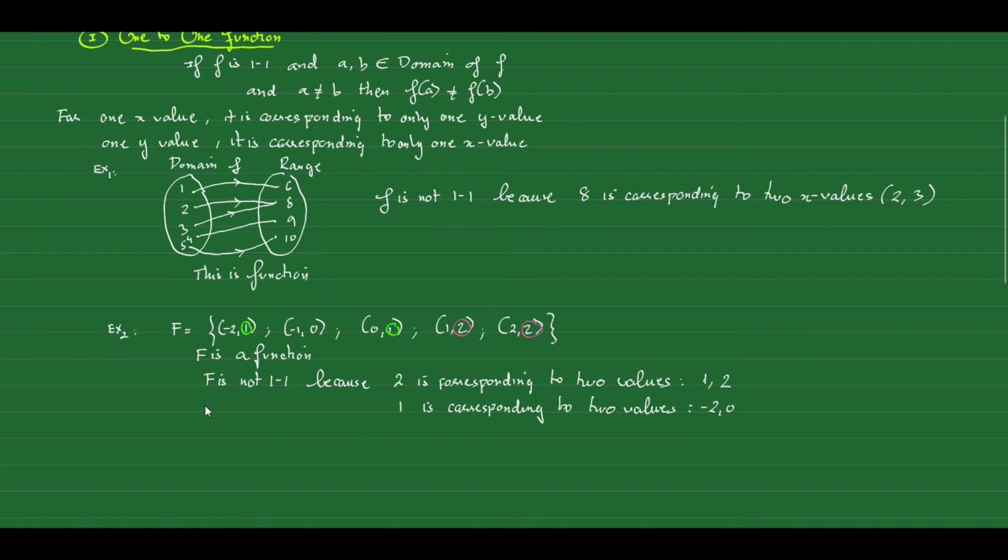That's the purpose of a 1 to 1 function, because for a function to have an inverse, it must be 1 to 1. So function f has no inverse function.